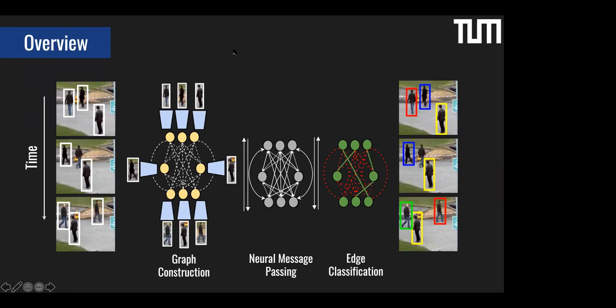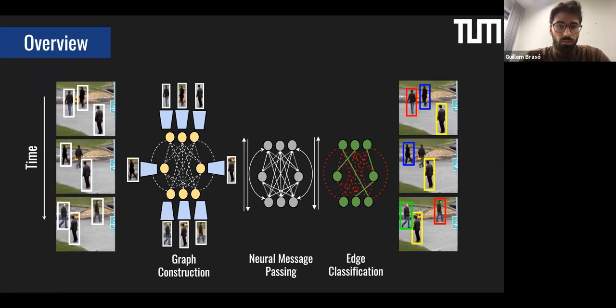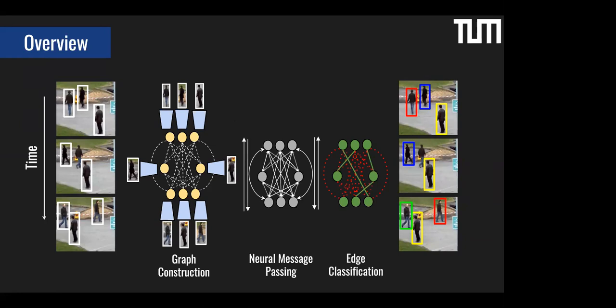Mr. Brasó, the question that I have is this. The way the graph is constructed, I'm going to say the steps that I understand. First, I break down the entire video into frames. Then for each frame, I perform some pre-processing to generate the bounding boxes around the objects.